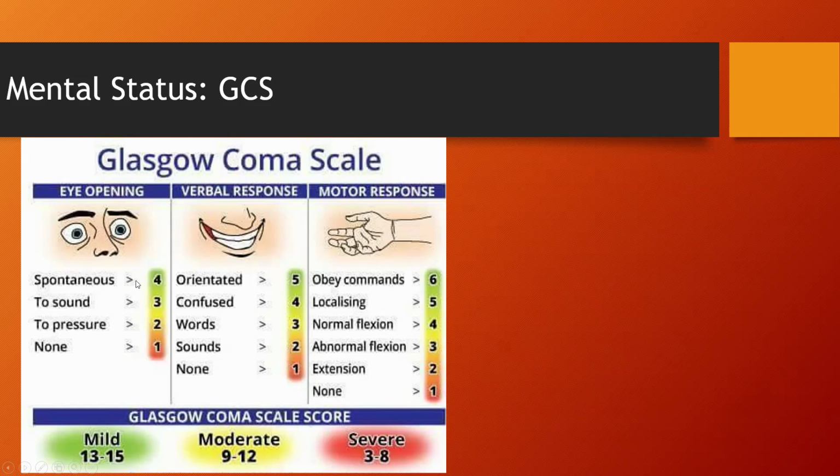Now, keep in mind that spontaneous eye-opening has to do physically with their eyes, so a blind person technically cannot have spontaneous eye opening, but you are really judging whether they are aware of their surroundings rather than using their physical eyes. They're responsive to sound or voice, responsive to pressure or touch, or not responding at all to any of those stimulations.